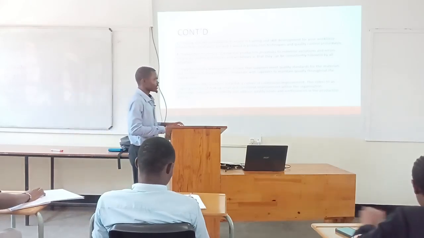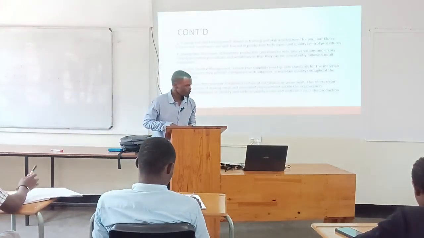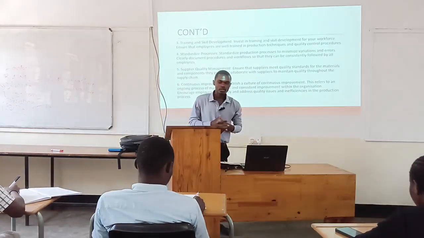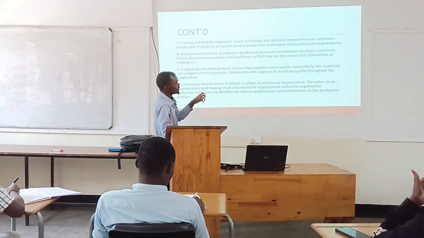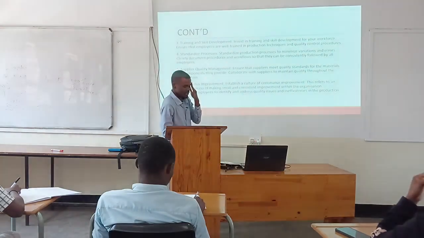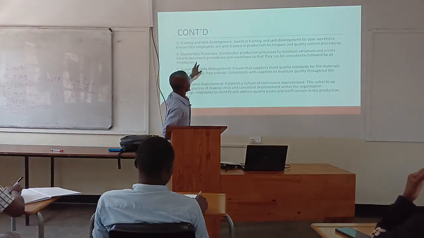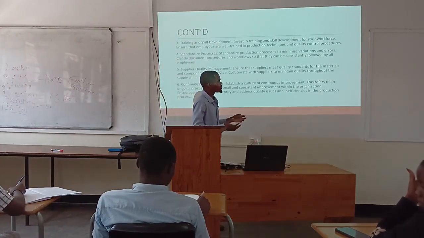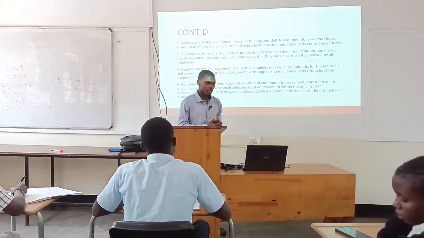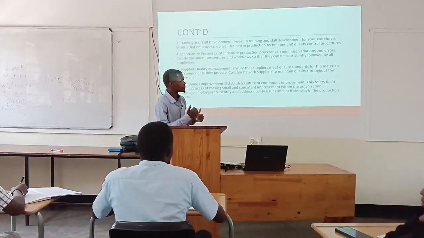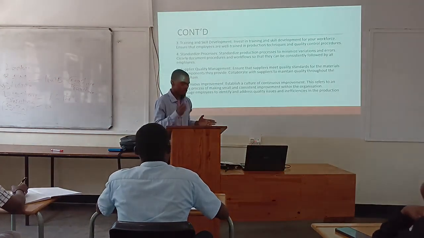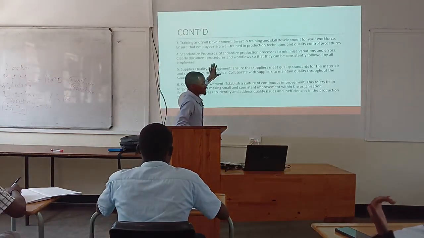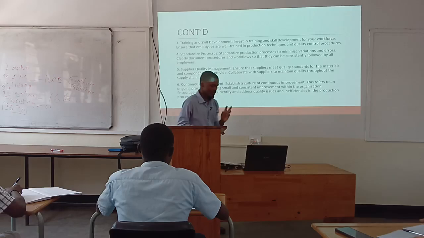It means we want our employees to have the needed skills or knowledge on how to operate certain production machinery. And then we are taking these people to training schools, or these people are being trained on how they can effectively operate a certain machinery within the organization. So investing in employees becomes one of the strategies of achieving quality.